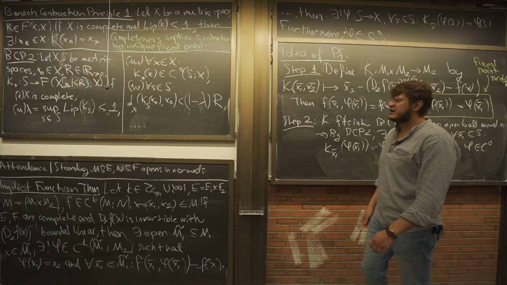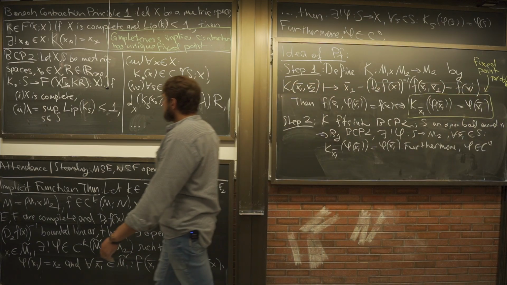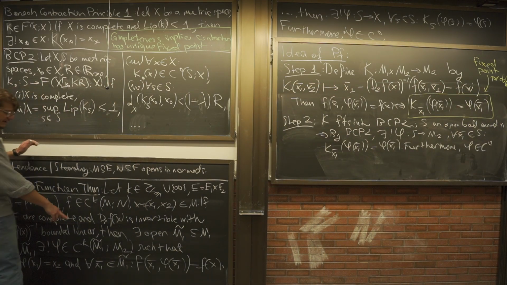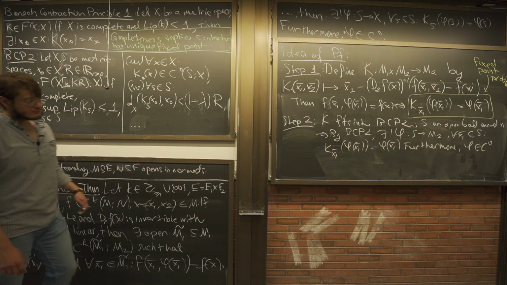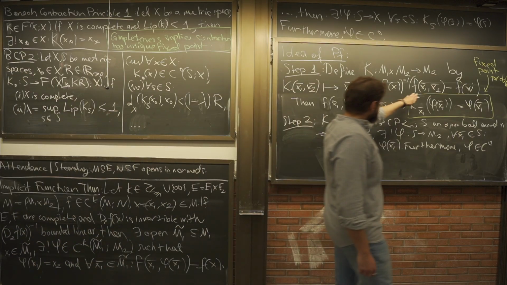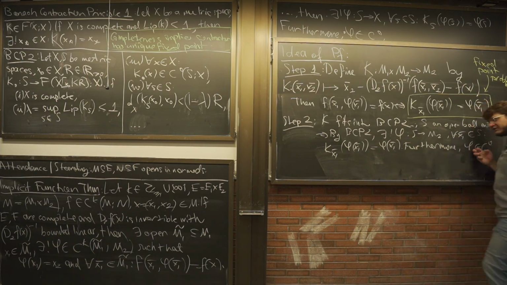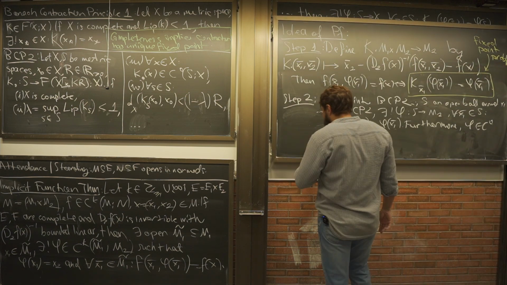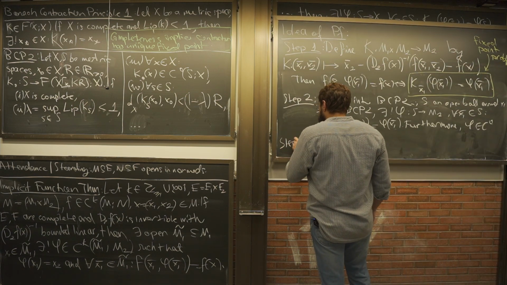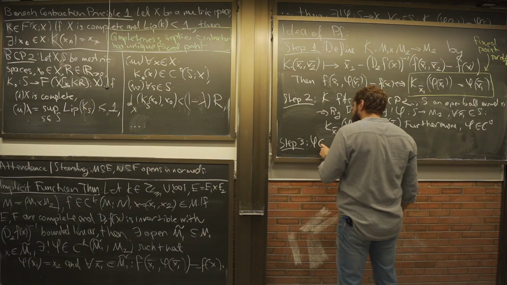And finally, step 3 is, well, to figure out that this function, in fact, has to be differentiable. Once you have a function, you want to show that it is continuous. Once you have a continuous function, you want to show that it is more than continuous, maybe C1. Once you have C1, you want to show that it's C2 and so on. Step 3, phi is C1.